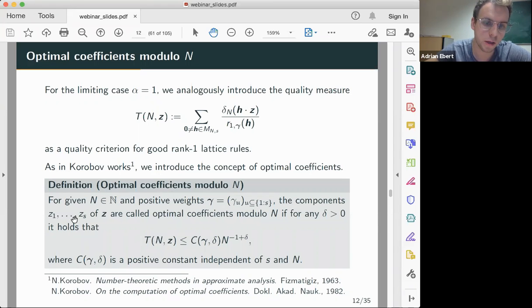It basically says in our setting that the components of our generating vector are called optimal coefficients modulo n if for any delta bigger than 0, our quality measure satisfies this bound. And this is basically a bound that says we want our T to decay roughly of order n to the minus 1 plus arbitrarily small delta. And the involved constant should also be independent of s and n.